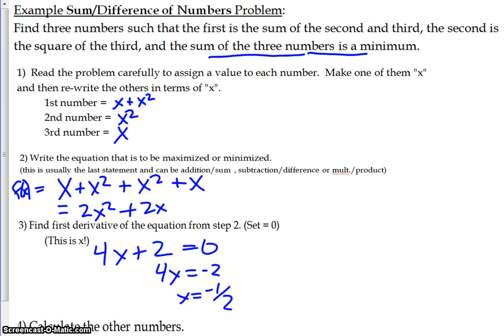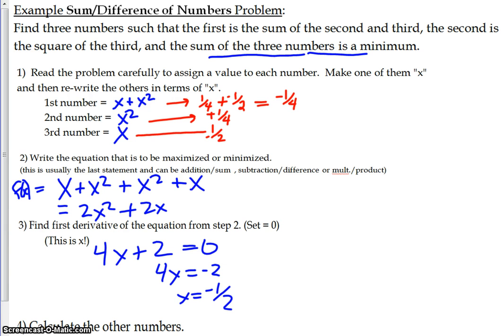Now that we know that, we go back and say my third number, x, is negative 1/2. That means my second number would be positive 1/4, 1/2 squared. And my first number would be the second plus the third added together, 1/4 plus negative 1/2, so here I end up getting negative 1/4.